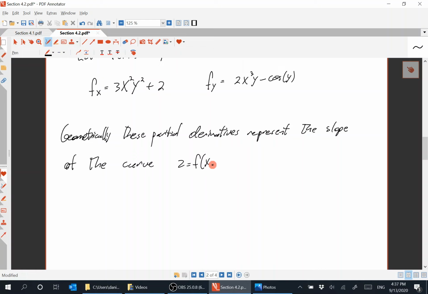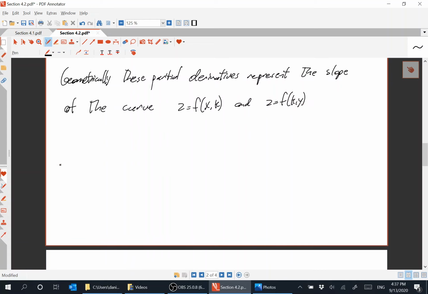The curve z equals f of x, k at x, and z equals f of k, y at a certain y.